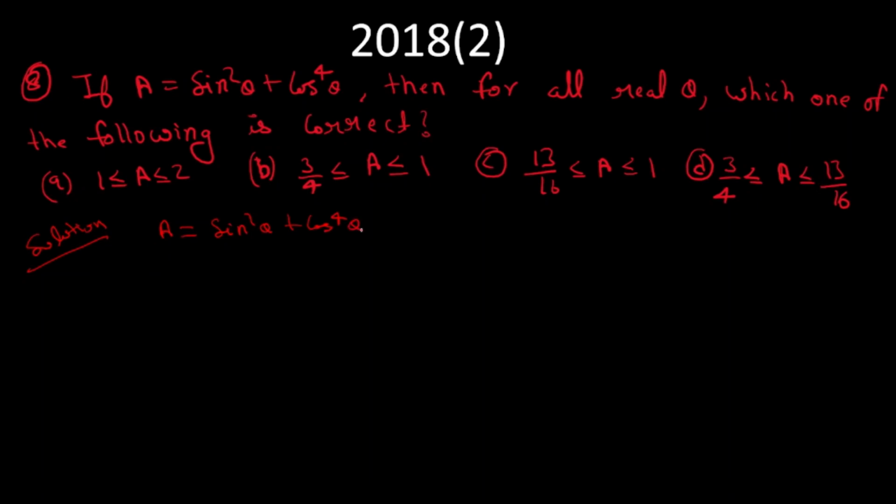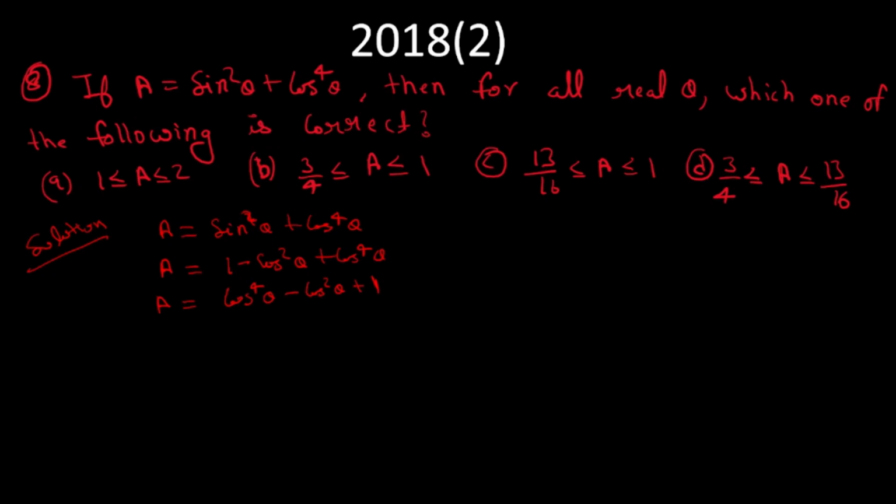So what I do here is change sin square theta into cos. I write 1 minus cos square theta plus cos 4 theta. So we get cos 4 theta minus cos square theta plus 1. Okay, so we got this quadratic equation.